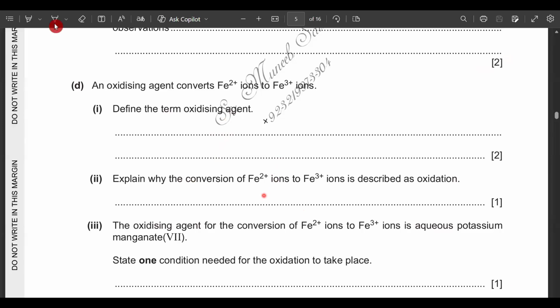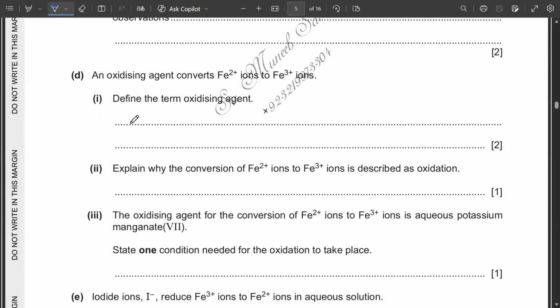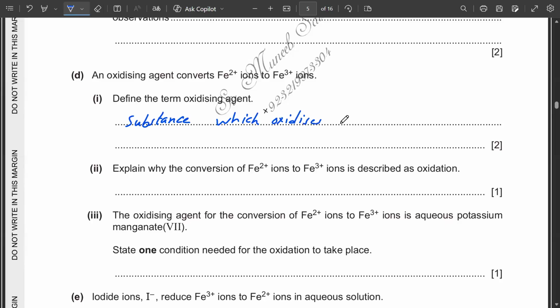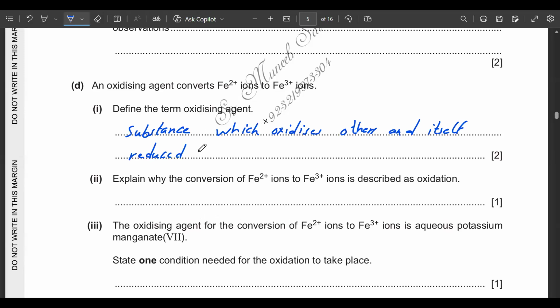So we will write here: substance which oxidizes other and itself reduced. You do not need to mention how that happens because they are not asking about the way of oxidation or the way of reduction.